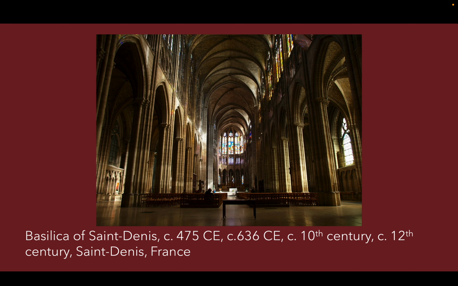On the interior, we see a vaulted ceiling. This one's going to be a groin vault. Groin vaults are pointed arches that sit against each other. So we have pointed arches here. Pointed arches are characteristic of Gothic architecture. Groin vaulted ceilings help break up some of the sound and echo.